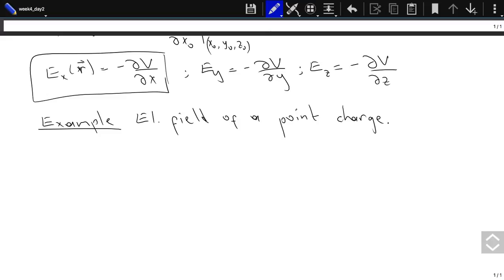Now let's just do the other way around. Let's assume we know the potential of a point charge. What is the potential of a point charge Q located at the origin?